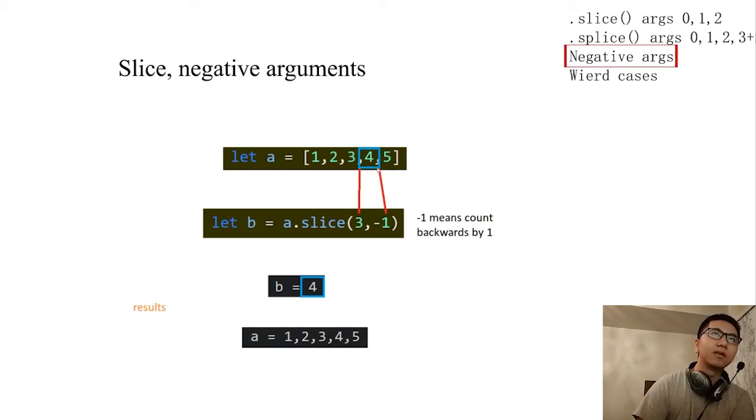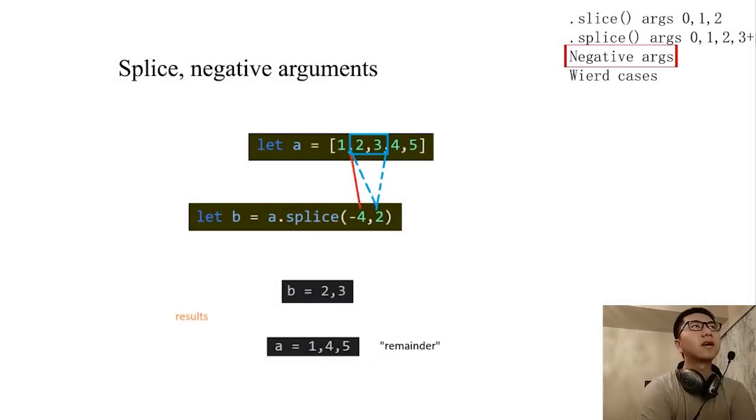Boom, it's this location right here. So we can just do the same thing. Because there are 2 arguments, we can grab whatever's in between, and in this case it's just 1 value, 4, returned to B. And the same thing applies for slice: the original array does not change.